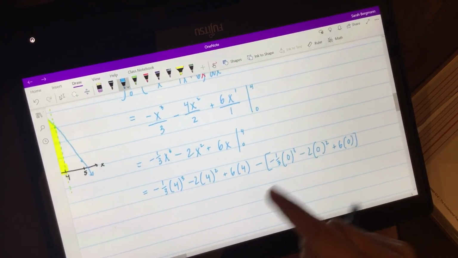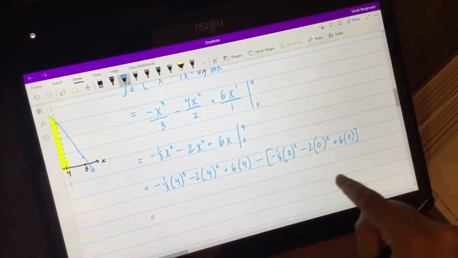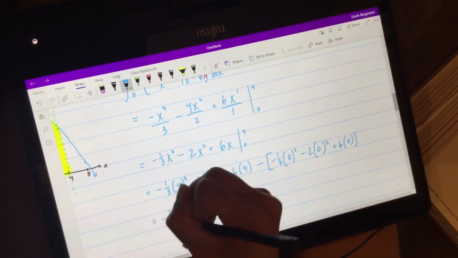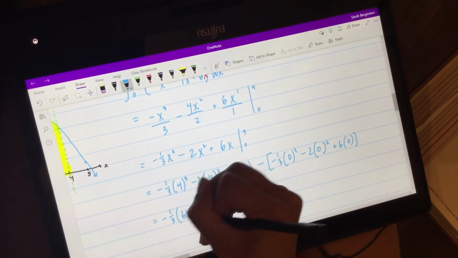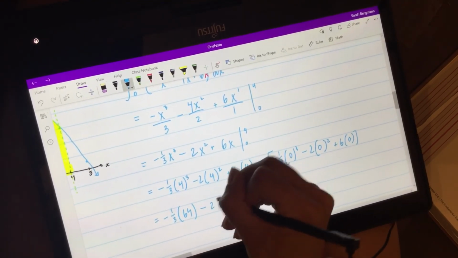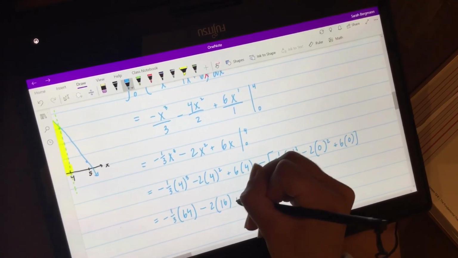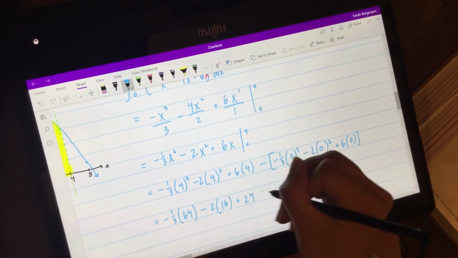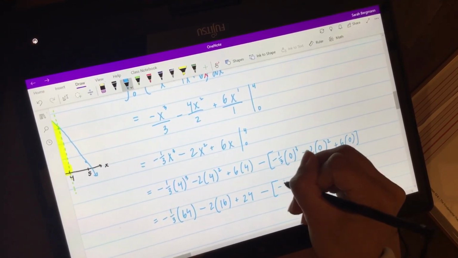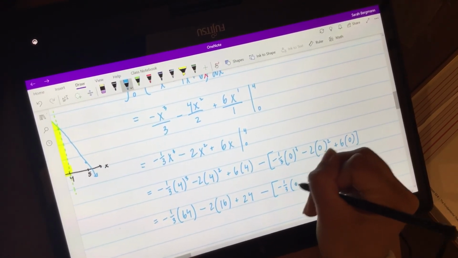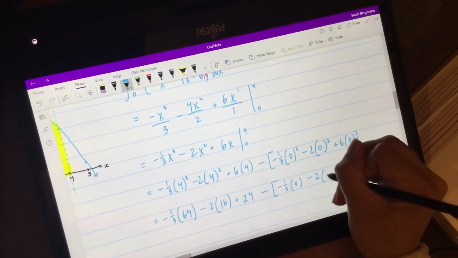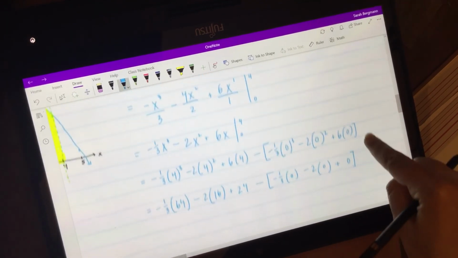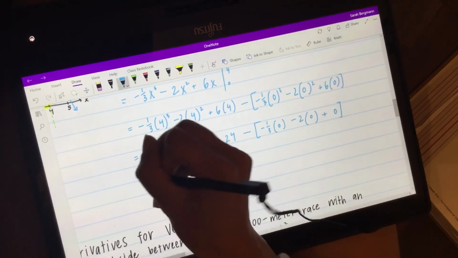All right, now from here, it's just easy peasy math. Remember, PEMDAS, you have to do your exponents first. So we'll do 4 cubed first, that is 64, minus 2 times 16, plus, we can go ahead and multiply these together. 6 times 4 is 24, minus 0 cubed is 0, 0 squared is 0, 6 times 0 is 0. Let's keep going.